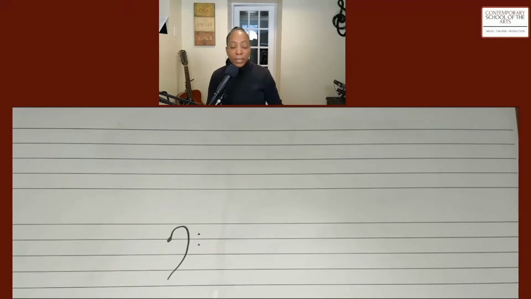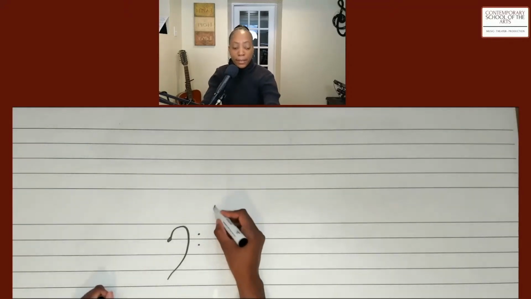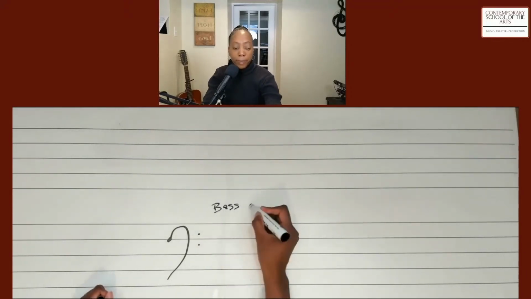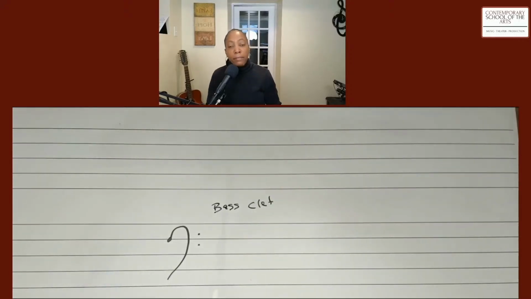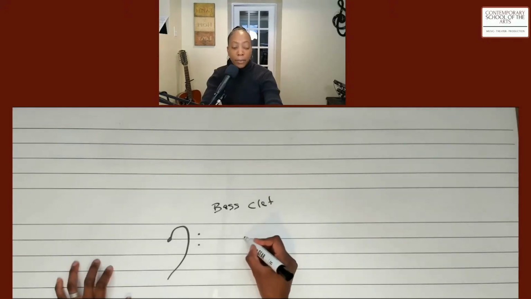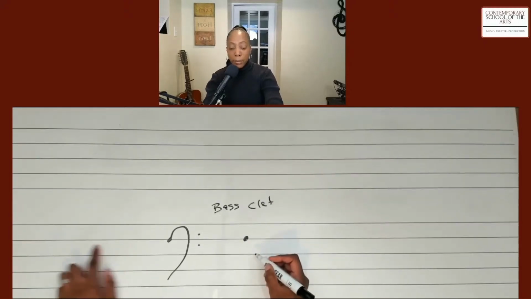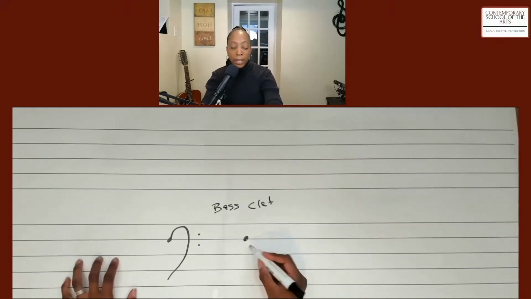Now let's draw the 2nd clef, the bass clef. Okay? Now the bass clef is a little easier to draw, but it is just as important. So let's practice drawing the bass clef. We want to start with a little dot here on the 4th line, and there's an important reason why it's on the 4th line.